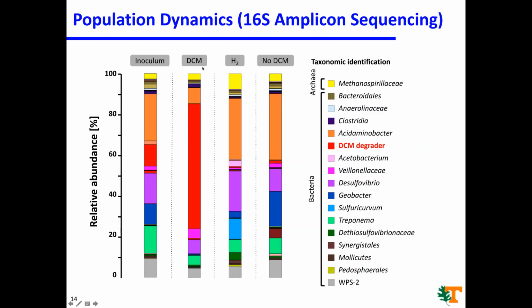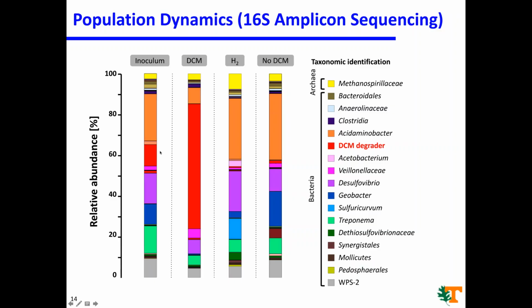When we grow this culture with dichloromethane, you see that the red bar here increases significantly. This is the DCM degrading population. So this is responding to the presence of DCM. The organism takes advantage of DCM as a growth supporting substrate, and the DCM degrader is growing. The same culture that doesn't receive DCM, here no DCM, you see that the red, the DCM degrader, cannot grow.